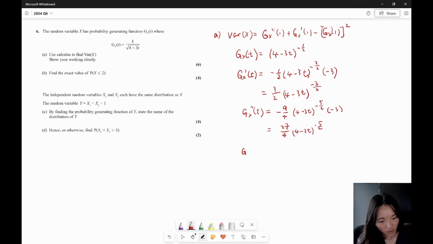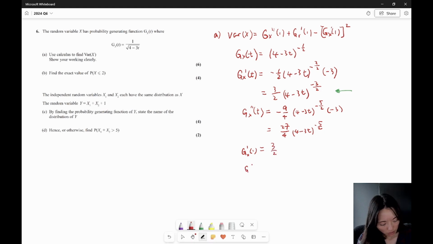So we work out g prime of 1, which is simply substituting into this expression. Put t equals 1, we get simply 3 over 2.